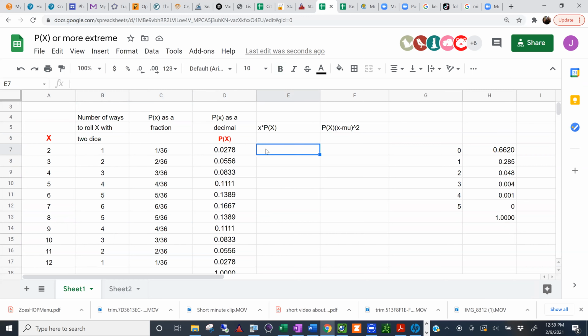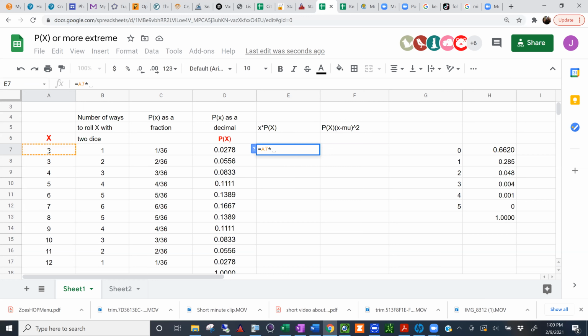To calculate X times P of X, start by hitting the equals key. And then you want to click the two cells that we need to multiply, starting with A7. And then the times key is above the 8, so hit Shift 8.